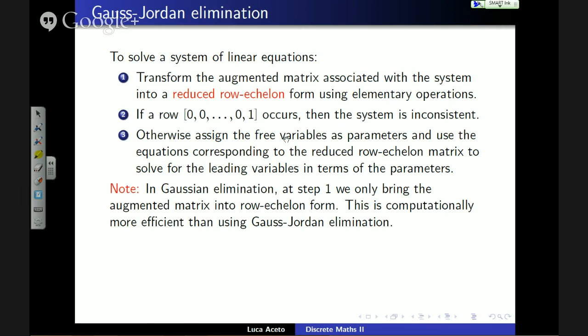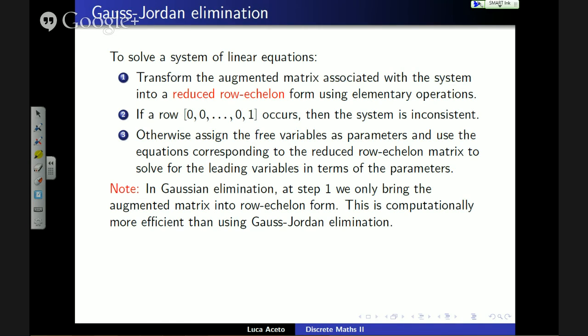Okay, so the question is, how can we tell whether the number of solutions is one or infinitely many? Well, I assume that you already figured out that the system is consistent, so there is no bad row that looks like this. The next step is to count the number of leading ones in your row echelon matrix.